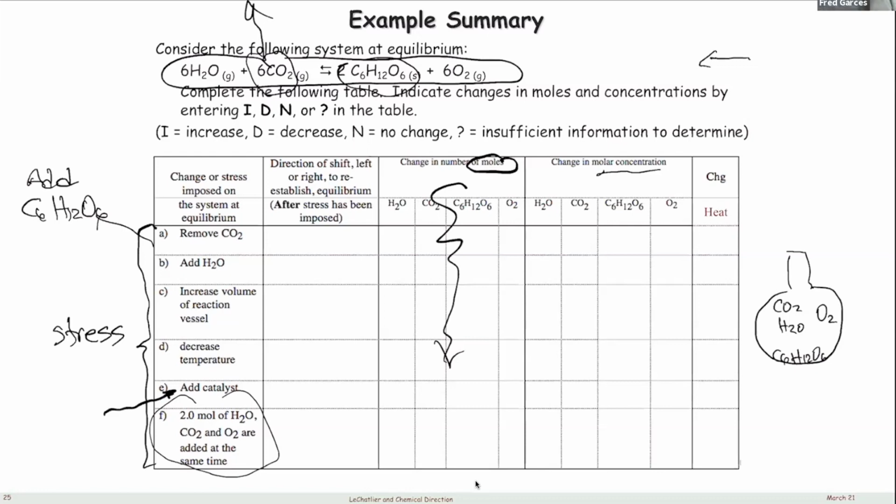And of course, glucose is a solid, but we're adding in here carbon dioxide, water, and oxygen. And you might say it's pretty confusing just because there's more than one change occurring for this reaction. If there was only one chemical added, then it would be easy.